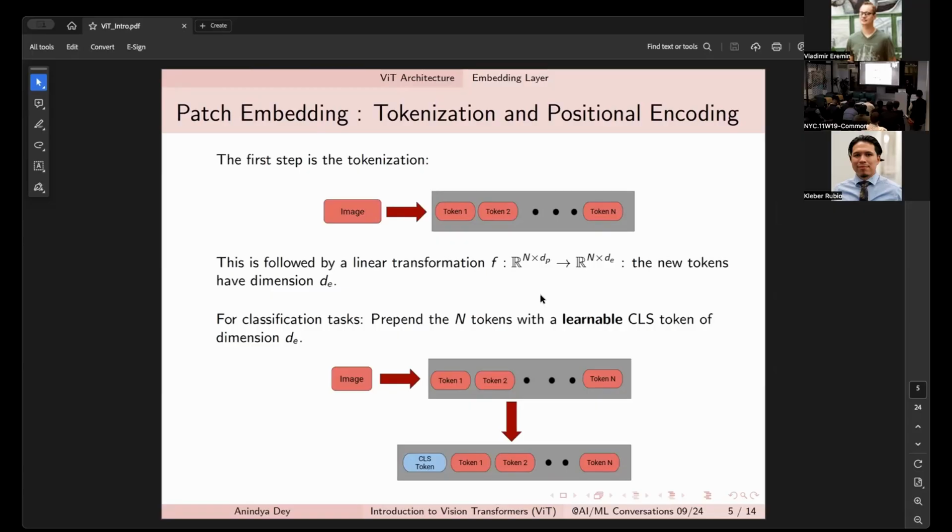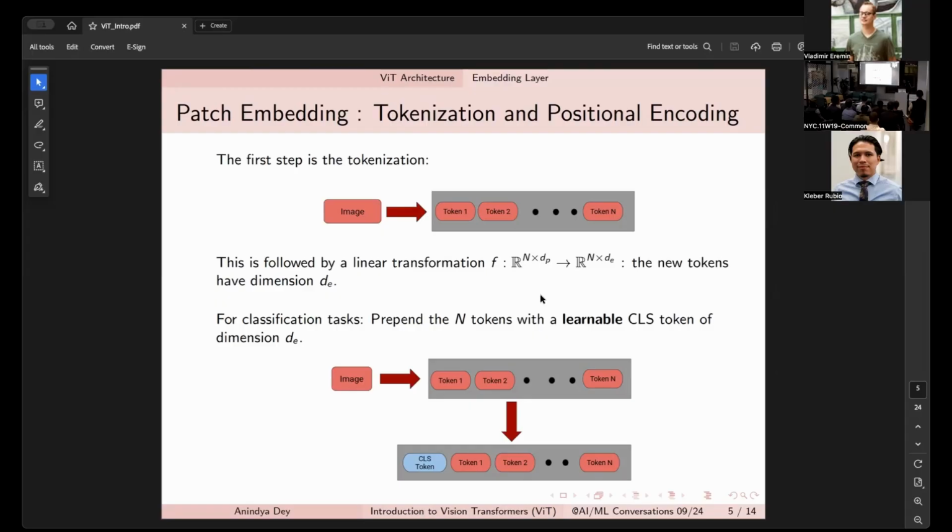Then, since we will use this for classification tasks, we need to do something more. We prepend these n tokens with a learnable class token of dimension d embedded. So basically, you had n tokens and I just put 1 in front, as a concatenation operation.